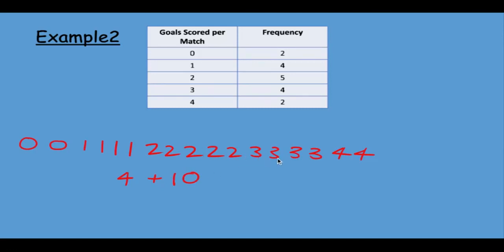I've got 3, 6, 9, 12, and 4 and 8. And then it's a lot easier to do our adding up. So I'm going to use my calculator here, and I can see that I've got 34. So I know I've got 34, and I've got to divide it by something.